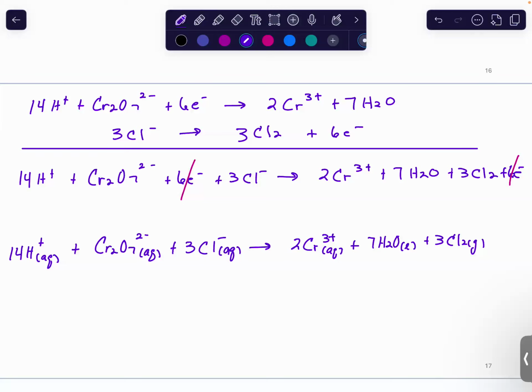Ions are pretty easy. If you're ever wondering at your phase, go for aqueous. Water should be liquid. You might have to search for the chlorine to make sure you realize it's gas.